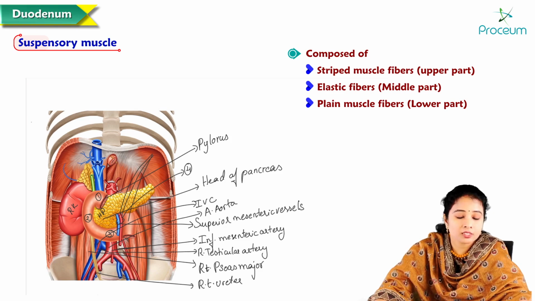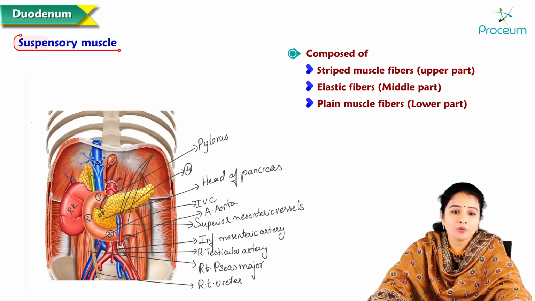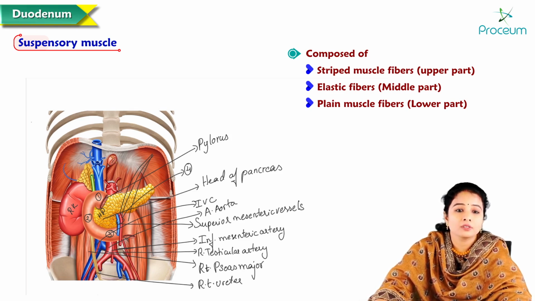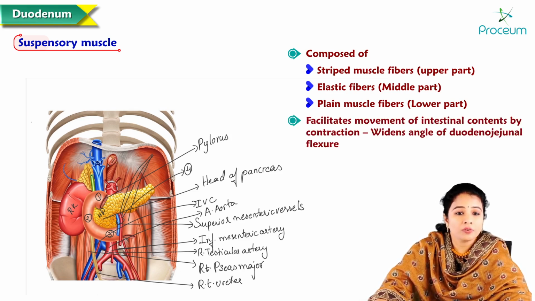That is the reason it is made up of skeletal muscle. The middle contains only elastic fibers, whereas the lower part of the ligament of Treitz contains smooth muscle fibers, which are derived from the wall of duodenum. So it facilitates the movement of intestinal contents by contraction, which widens the angle of the duodenojejunal flexure.